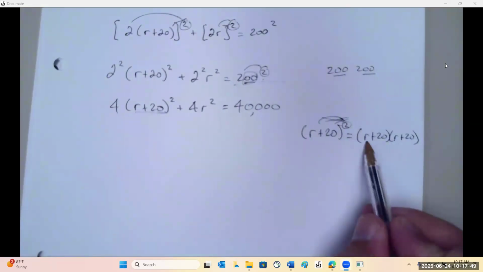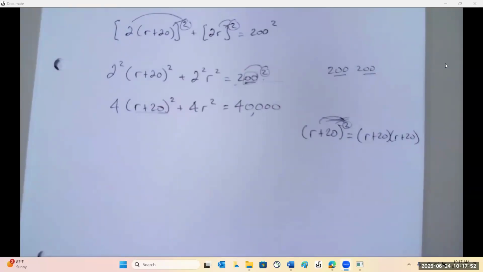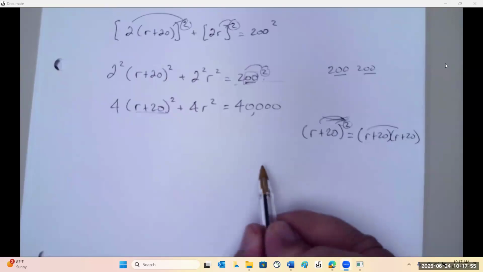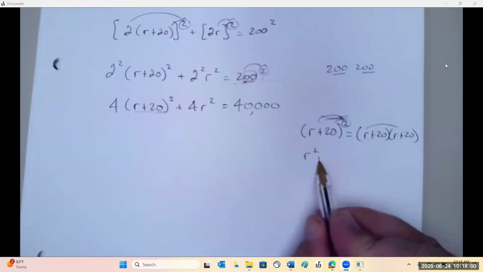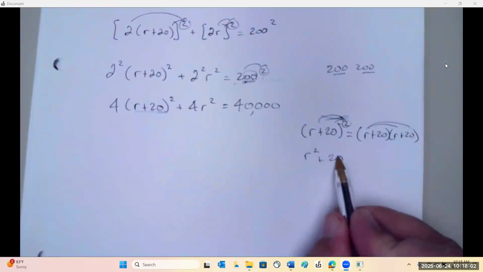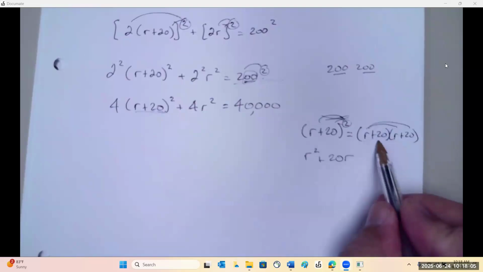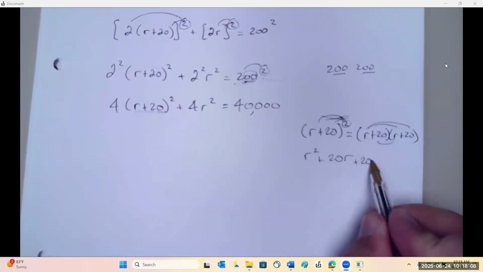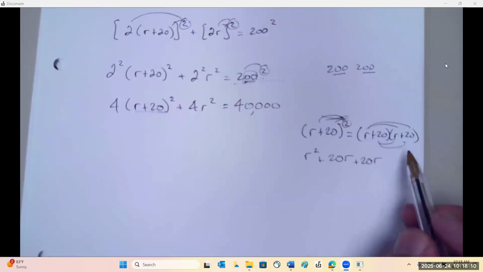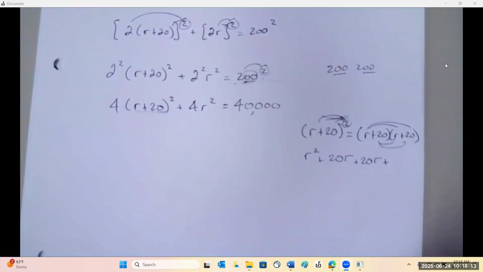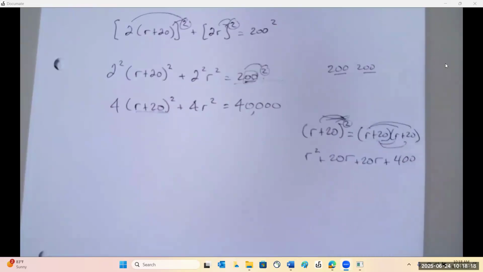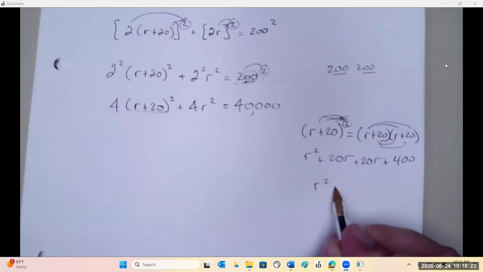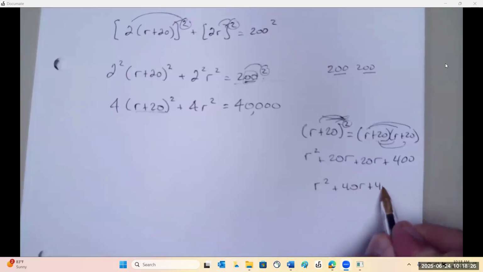What this says is R plus 20 times R plus 20. So R times R is R squared, plus R times 20 is 20R, plus 20R. And 20 times 20 is what? 2 times 2 is 4 and 2 zeros. So it becomes R squared plus 40R plus 400.